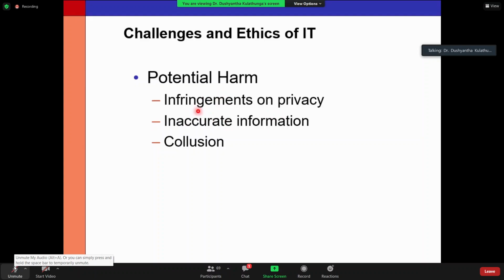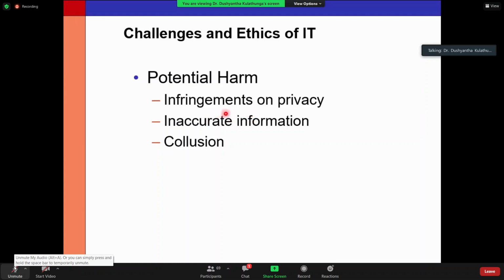And also the inaccurate information. There can be inaccurate information stored in databases. The inaccuracy can happen at different places. One may be when you input data, you may input inaccurate data. It can be due to a mistake, but ultimately you have input inaccurate data and the system contains inaccurate data.